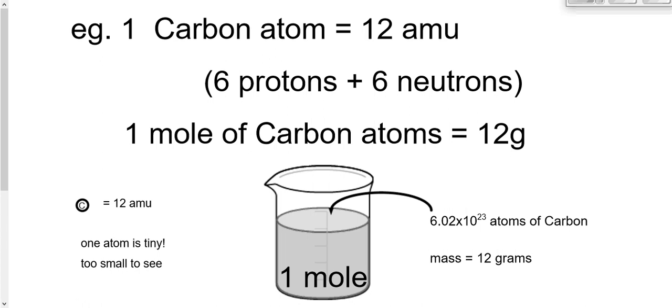It's very, very tiny. But if I take 602 hexillion carbon atoms, 6.02 times 10 to the 23rd carbon atoms, it would weigh 12 grams. The mass of 1 mole of a substance weighs the same in grams as the mass of 1 atom of the substance weighs in atomic mass units.